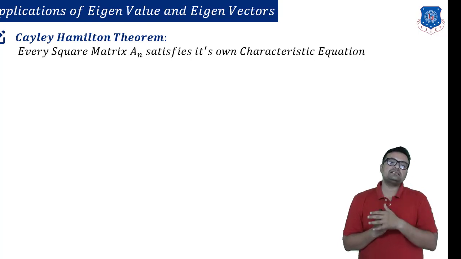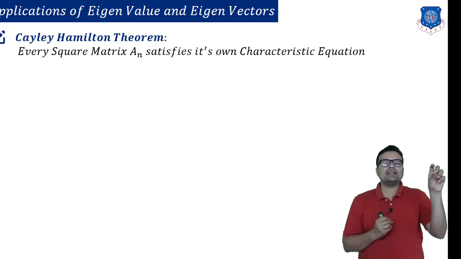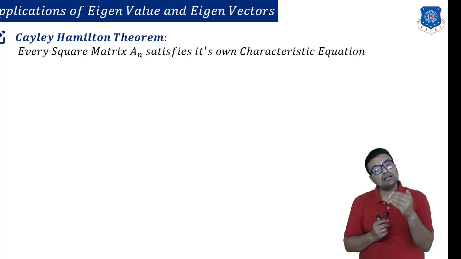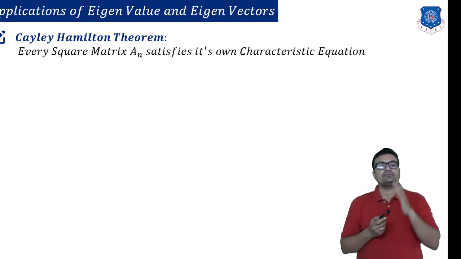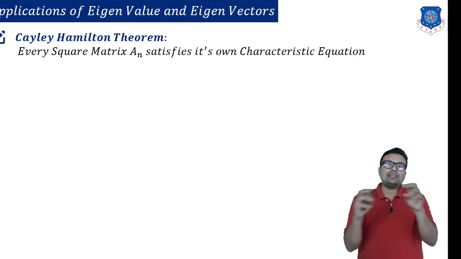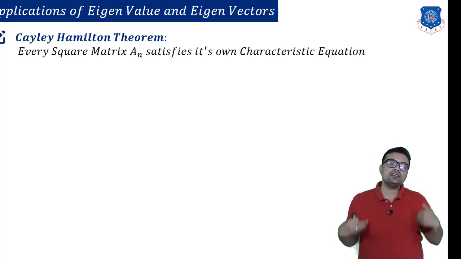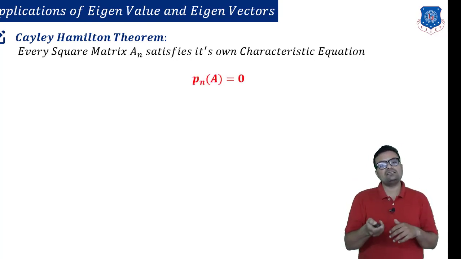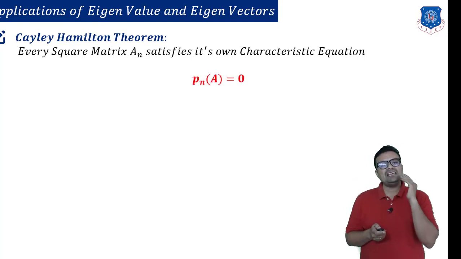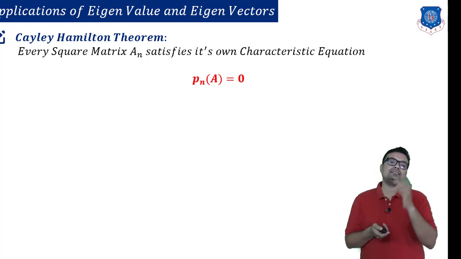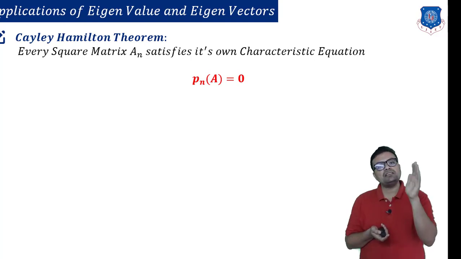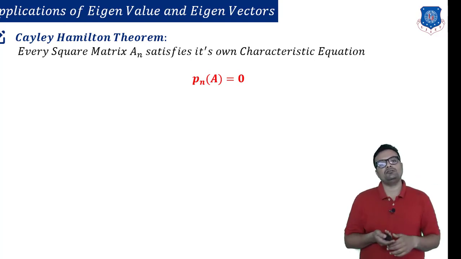So this statement says that once you find the characteristic equation, you can replace lambda with matrix A itself. So from that regular algebraic equation, you can generate a matrix equation, and that is also satisfied. It is denoted by Pn of A equal to 0. The characteristic equation is nothing but Pn of lambda equal to 0. When you replace lambda with A, it gives you Pn of A equal to 0.